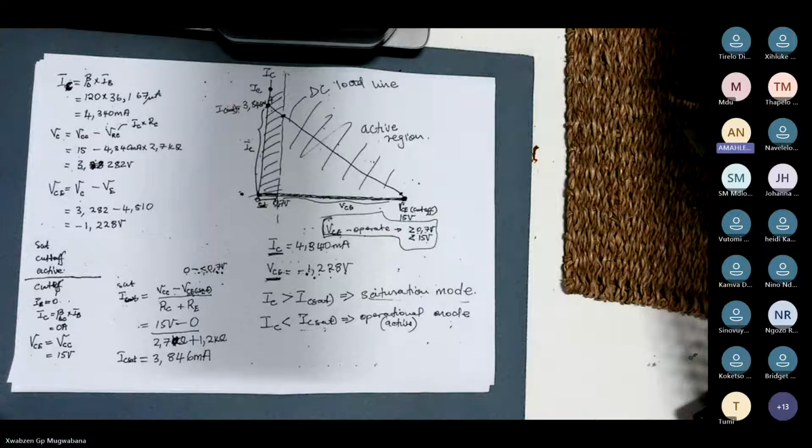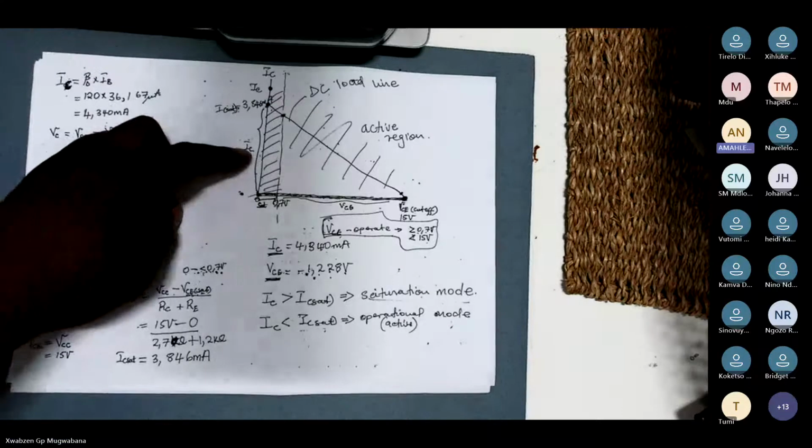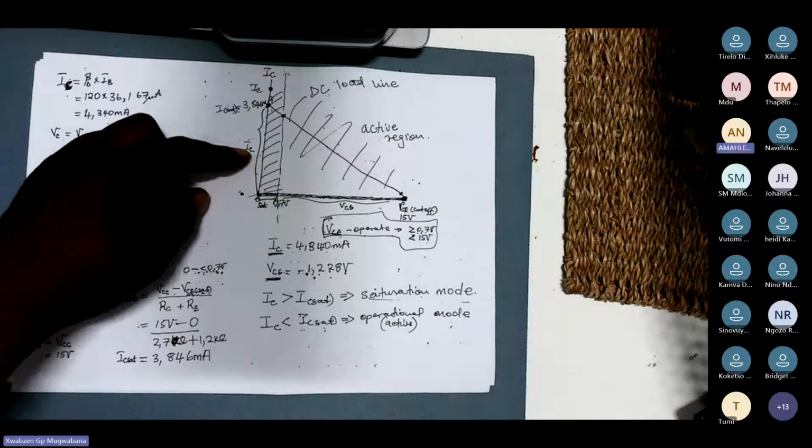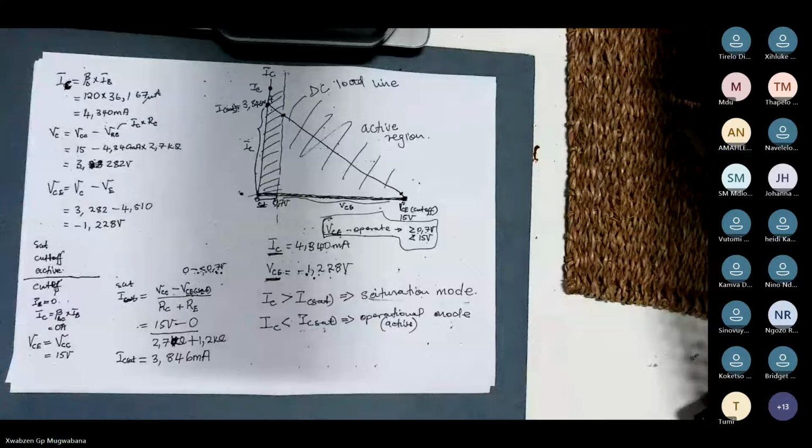Let's say for example my IC is equal to 2 milliamps, and then my VCE is still that negative 1.228. Yes, it can happen. So how does it affect the curve, the graph? There will be no graph.